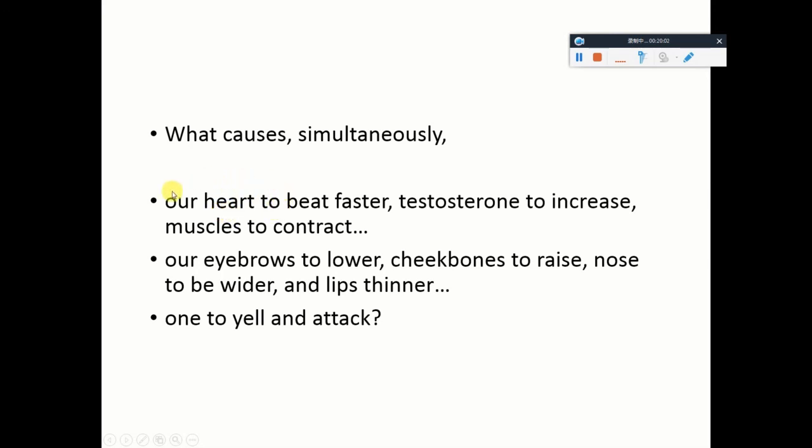But then when we group all these individual phenomena together, we'll notice that collectively all these phenomena describe one single psychological state that we call anger, right? So in this case, anger is a concept, but it's also a construct that describes all these very diverse types of phenomena.